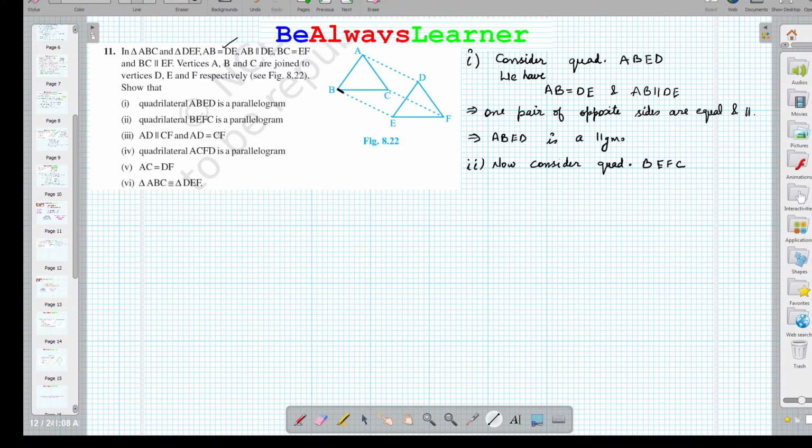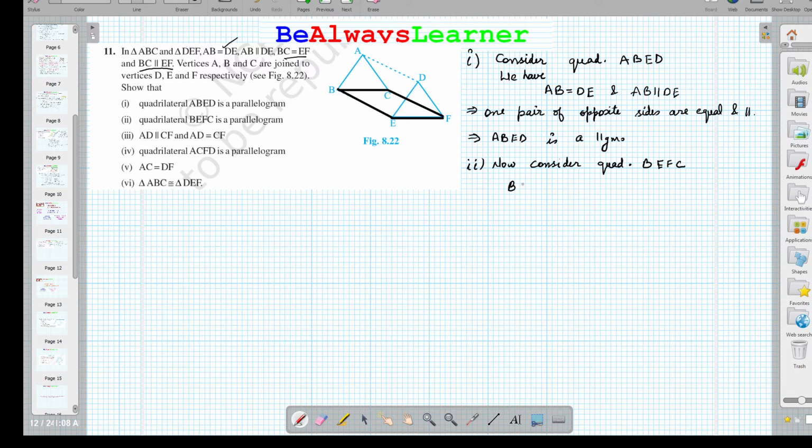This is BEFC, so this is the quadrilateral we are having. In this quadrilateral, it is given that BC is equal to EF and they are parallel also.